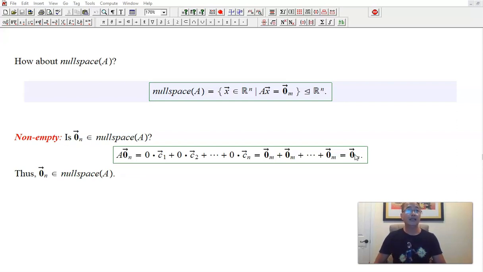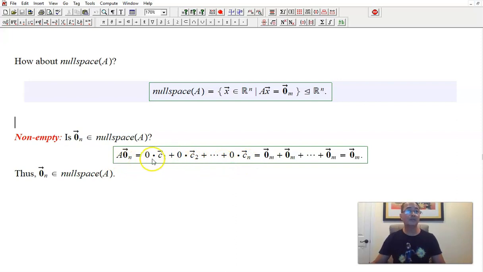In particular, is the zero vector found in the null space of A? Well, the zero vector has to satisfy this definition. If you multiply A by the zero vector from Rn, you should get the zero vector from Rm. But that's fairly easy. If you multiply A by the zero vector from Rn, every column in A gets multiplied by 0.